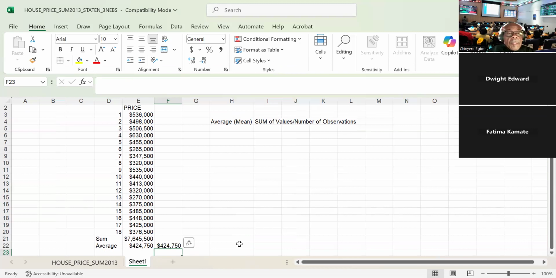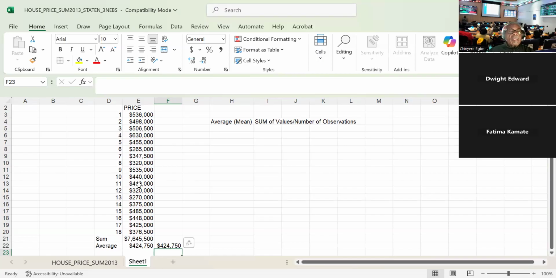Okay, but sometimes you have what you call weights. That is to say, let us say that you have some of these, all of these prices all repeated. Suppose you have more than one house that is 536,000.